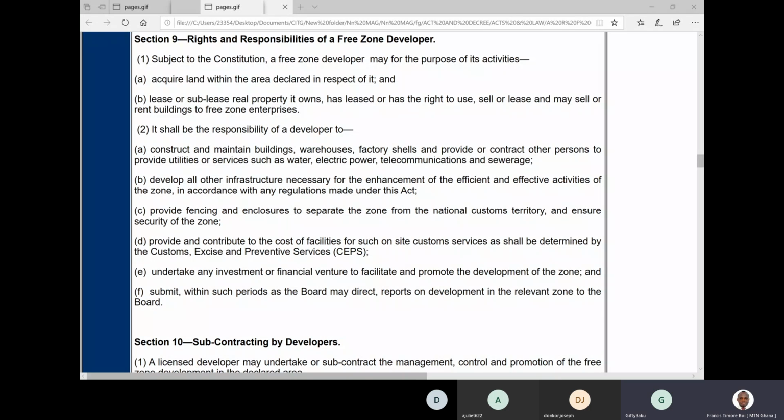So if they produce goods in that factory, that factory does not pay tax. Anything that happens there, they don't pay tax. Do you understand? Customs cannot go and lay a claim over there. If you import and you take it to a free zone area, customs cannot charge customs duty on it. So it is a separate customs territory. It is outside the customs territory.